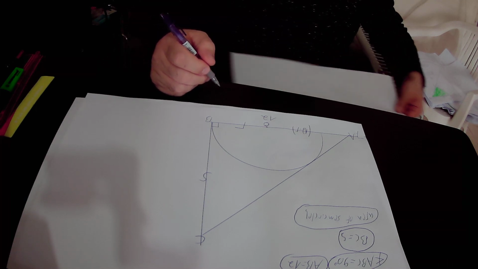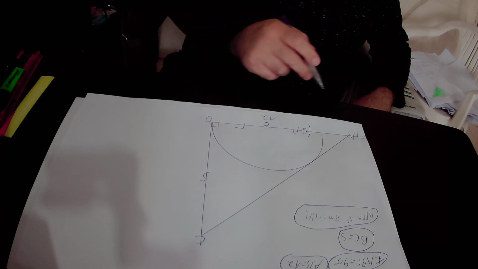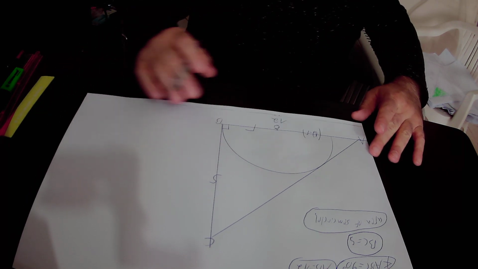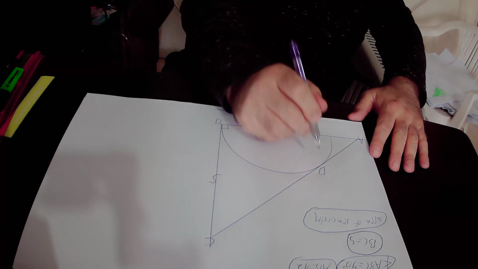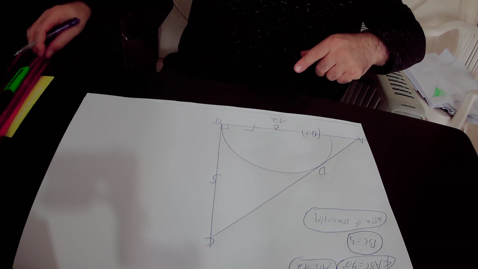In the next step, we will define the point of tangency of tangent AC with this semicircle as point D. Then we will join points D and O together by a straight line.